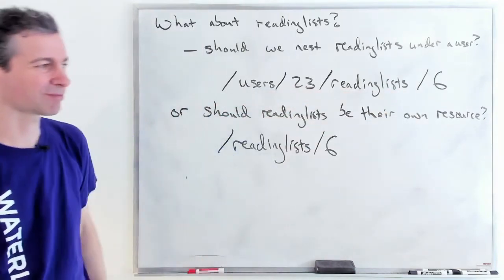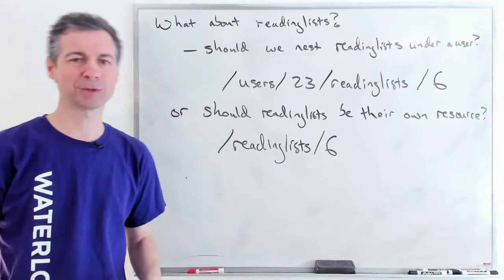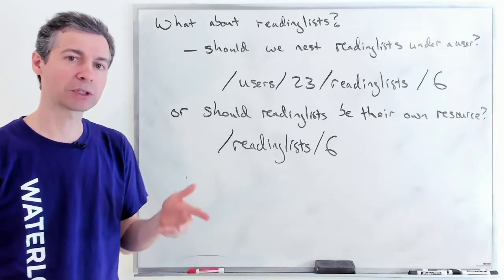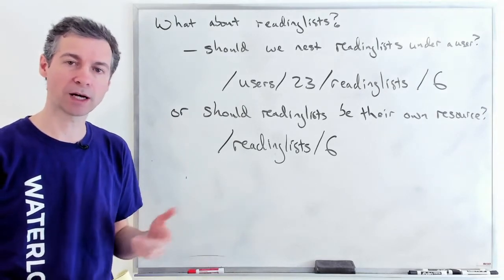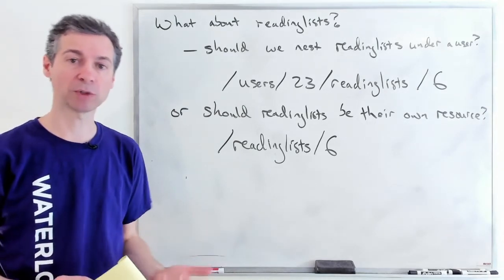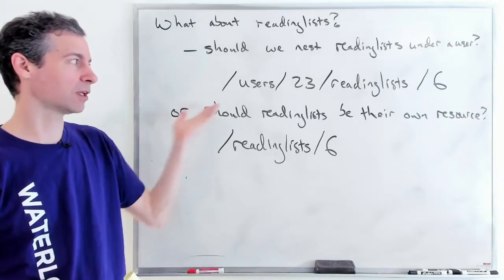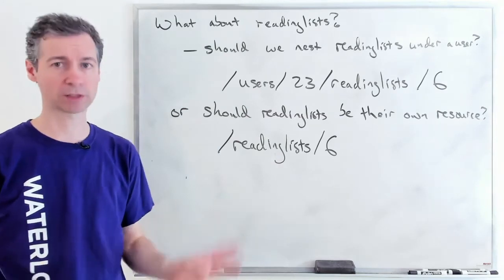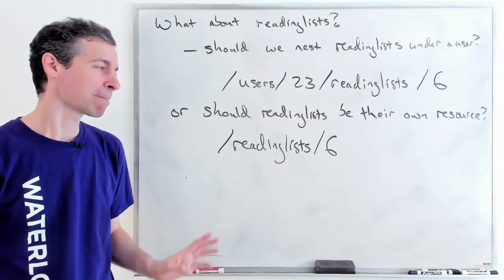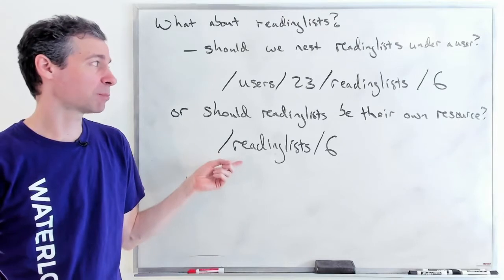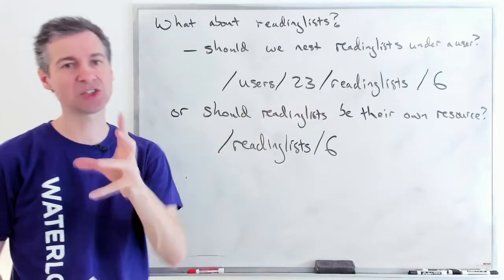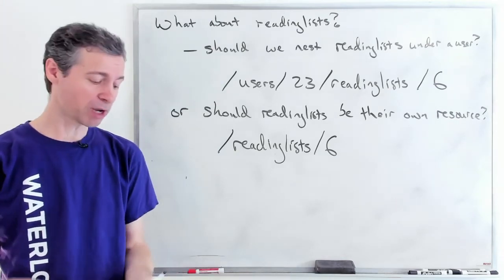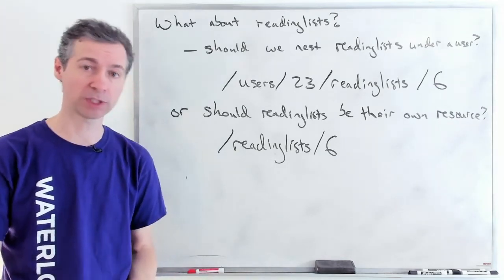But we know that we don't really want to do that, because in the future, we could create other books that might have multiple authors. And that doesn't work then. So then our API needs to totally be redesigned. And we don't want to totally redesign our API. Same thing goes for reading lists, by the way. We might in the future want to allow users to share reading lists with someone else. We might even want to have jointly owned reading lists.